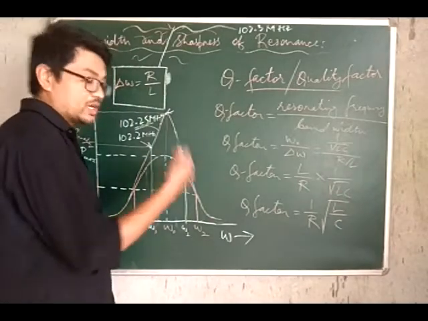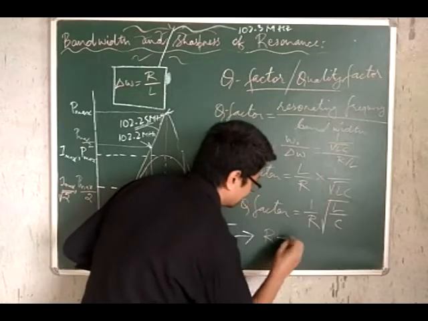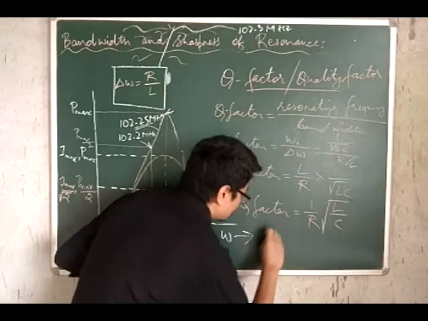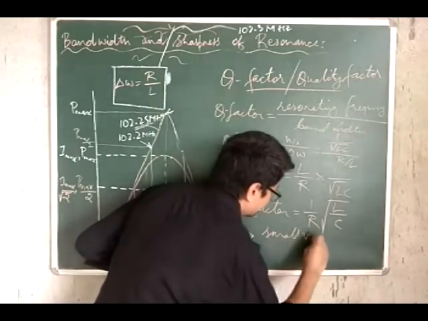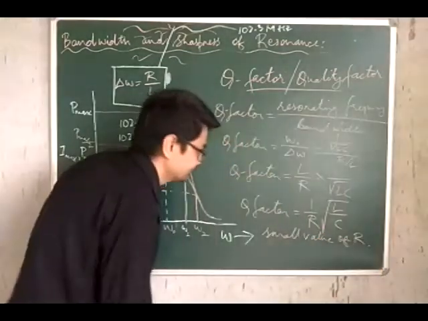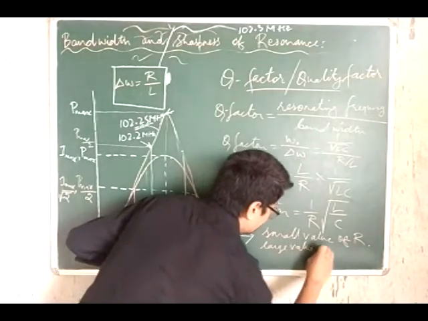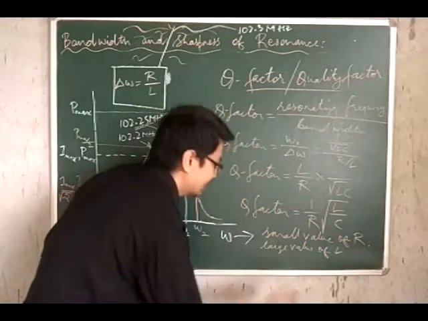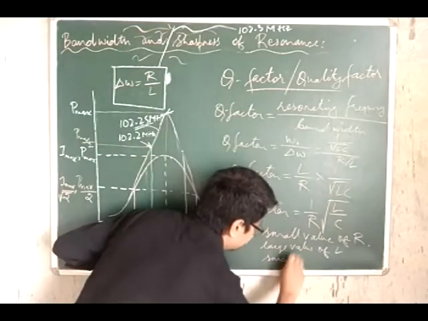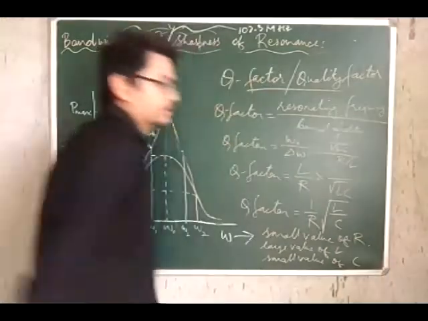So to get a sharp curve or a better resonance, we should have a small value of R. This is one thing. Large value of L and small value of C, of course.